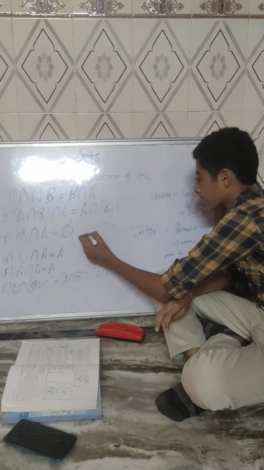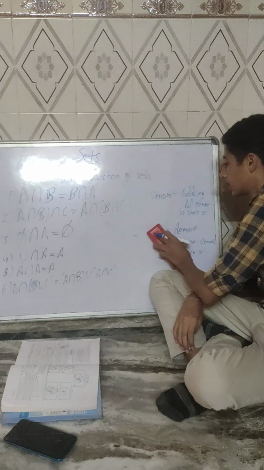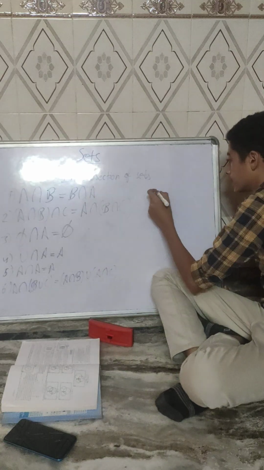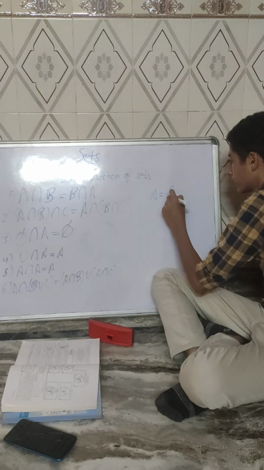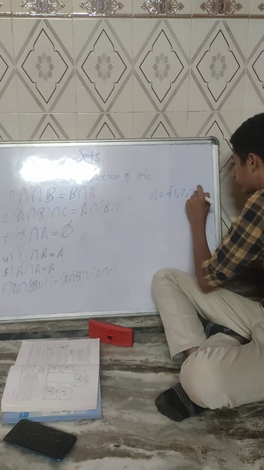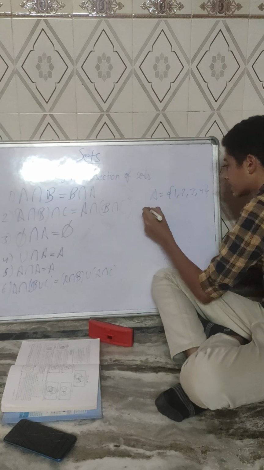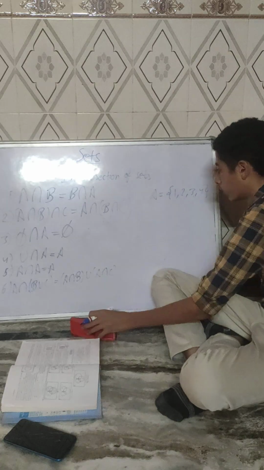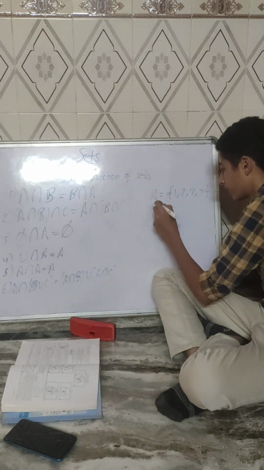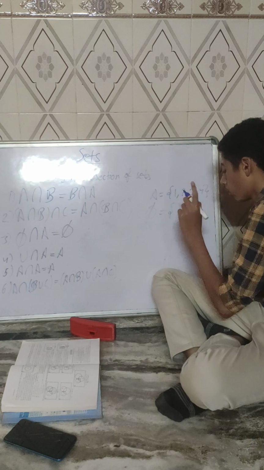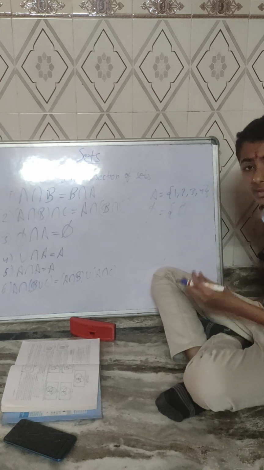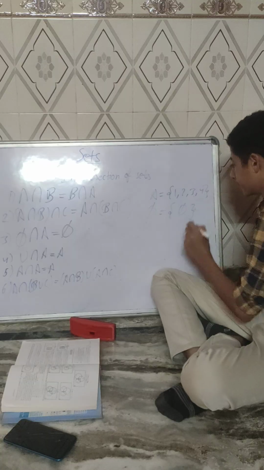Phi means, let's take a set A. Set A has 1, 2, 3 and 4, and let's take set phi, which has only one element, which is nothing, empty or phi.